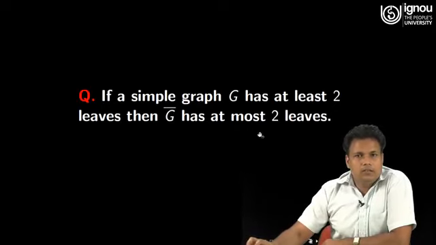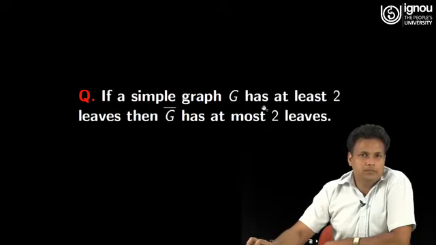Now, let us look at the last question. If a simple graph G has at least 2 leaves, then G bar has at most 2 leaves. You can recall that a leaf is a vertex of degree 1. So, here we are given that a simple graph G has at least 2 leaves, and we have to show that G bar has at most 2 leaves.